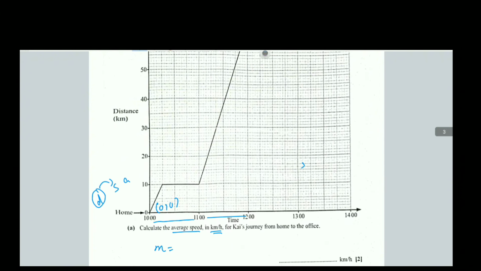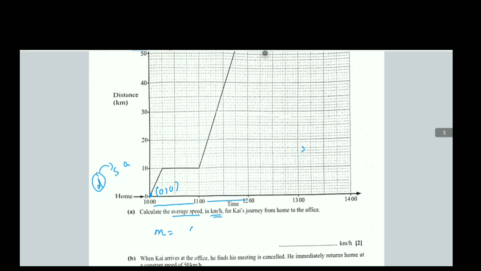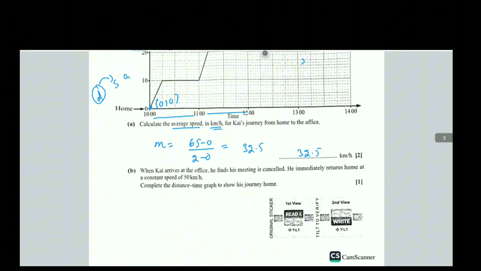So the coordinates of this point will be 2 and 65. The coordinates of the starting point are 0 and 0. So 65 minus 0 over 2 minus 0, that is 65 by 2, and that is 32.5.